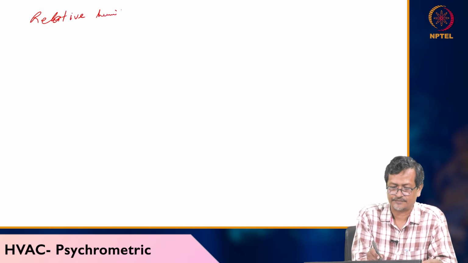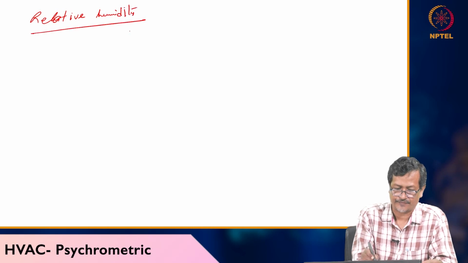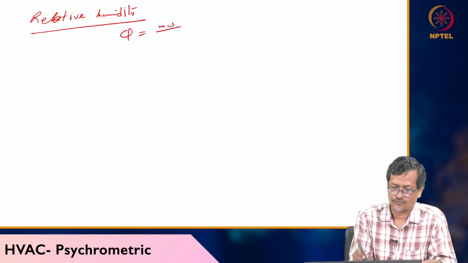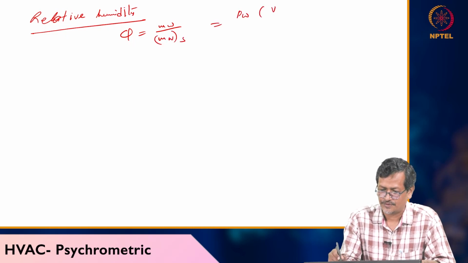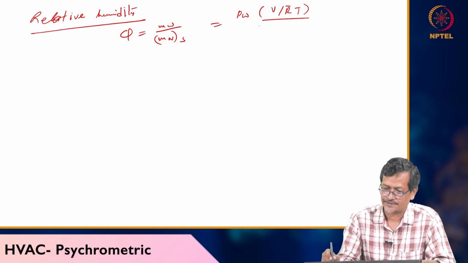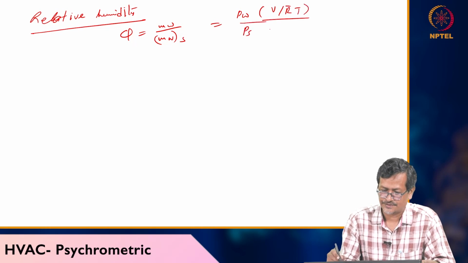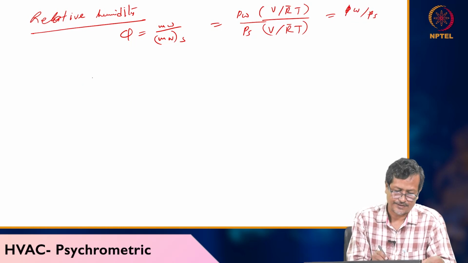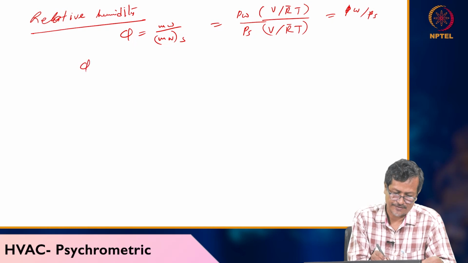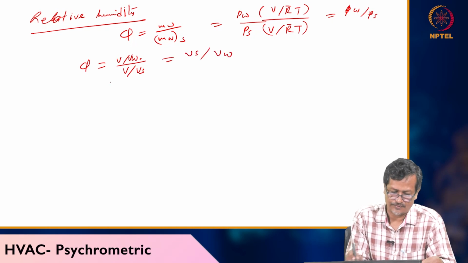Relative humidity, phi equals mass of water to mass of water in saturation condition. So PW V by R T bar over PS V by R T, equals PW by PS. So the ideal gas condition you have to apply. Phi equals V by Vw, V by Vs equals Vs by Vw.